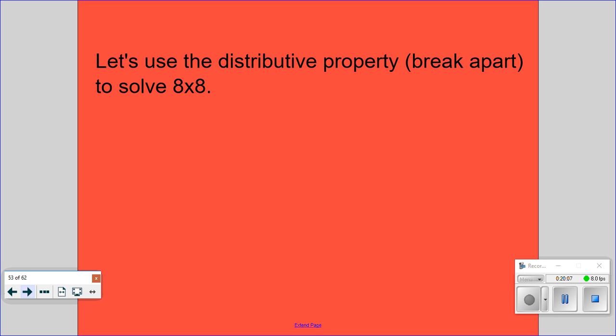Let's do break apart. Flip back to your next spot. How are we going to break this apart? We have a couple of options. What's one way I could break apart 8 times 8? Miranda? That is not a way to break apart 8 times 8.